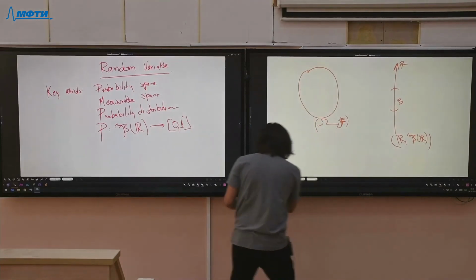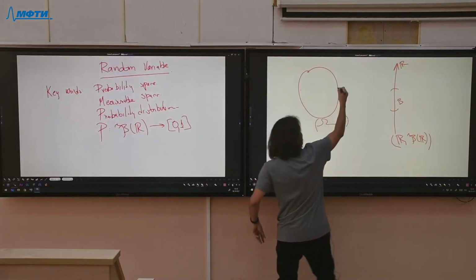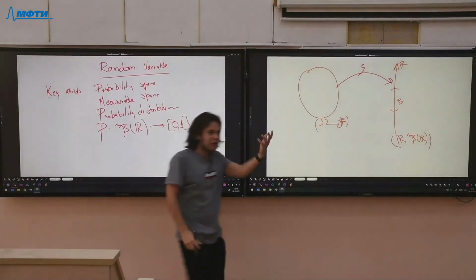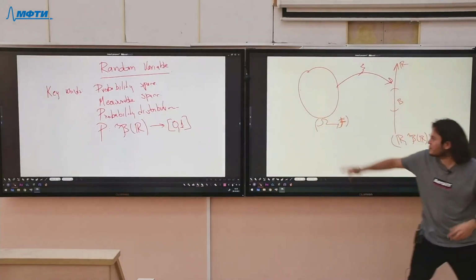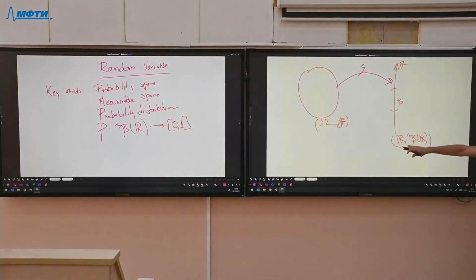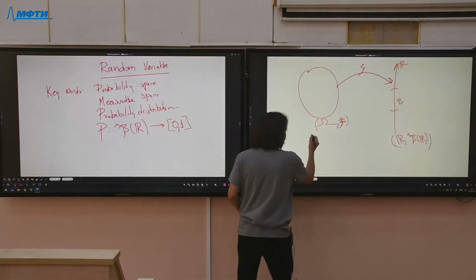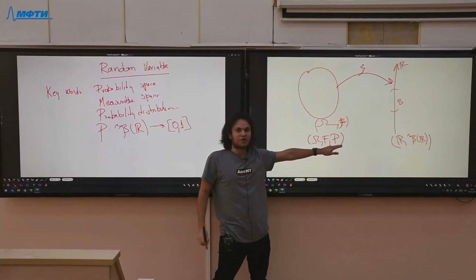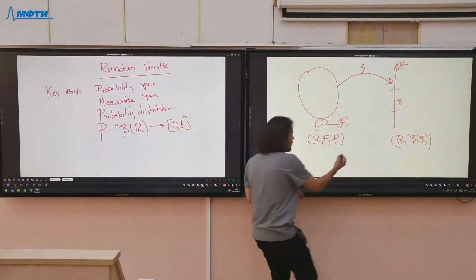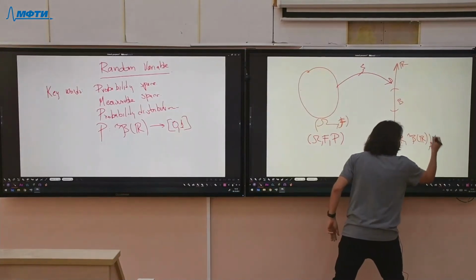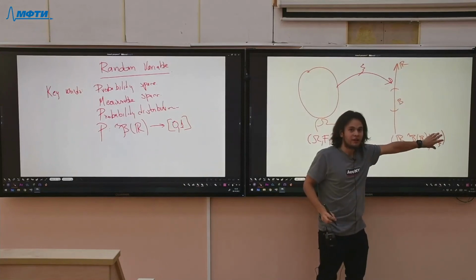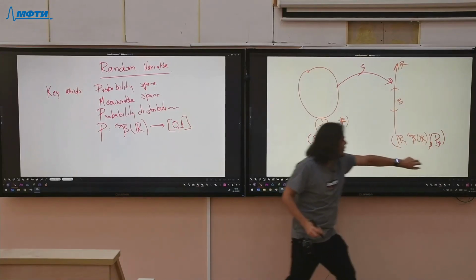Now we can define a function from here to here. Let's call it psi. So we have some function from this space to this space. If here we had this probability measure, then over here we get a probability measure defined by this random variable psi.